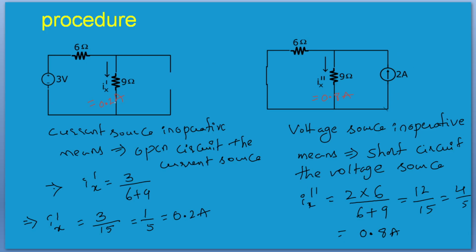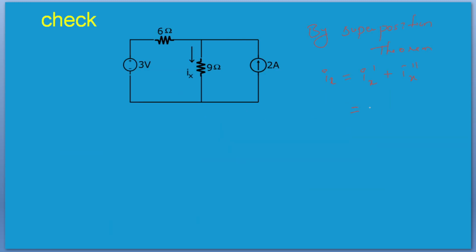How much value we have got? Ix dash is 0.2 and Ix double dash is 0.8. So what is the total current value? Ix is equal to 1 amp. This is the total current which is flowing in the 9 ohm resistor. This is superposition theorem.